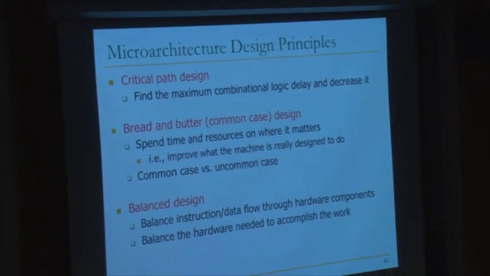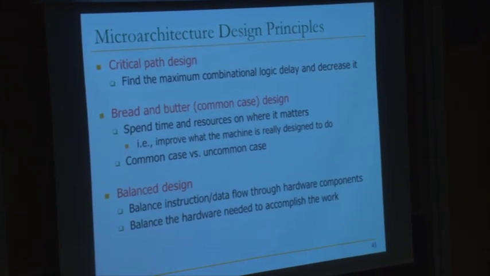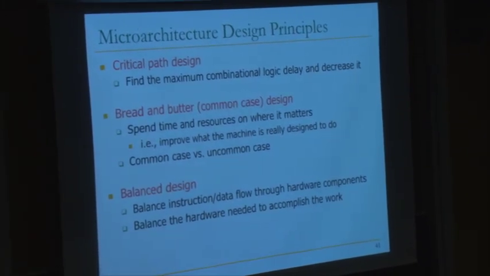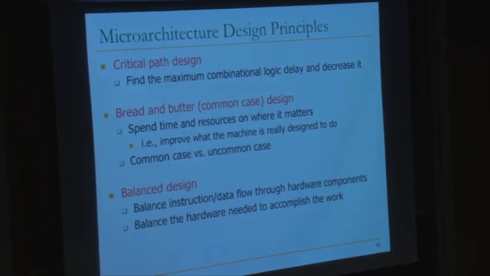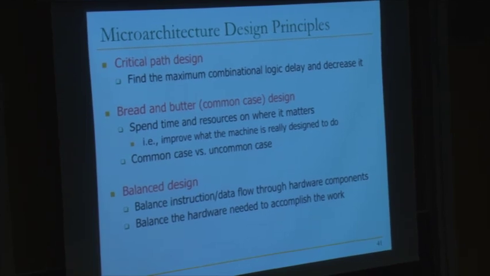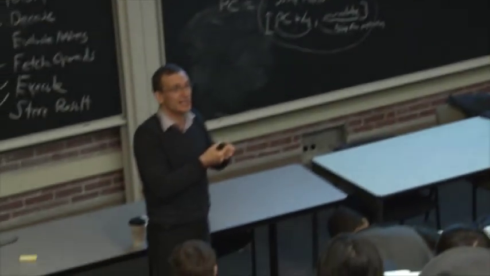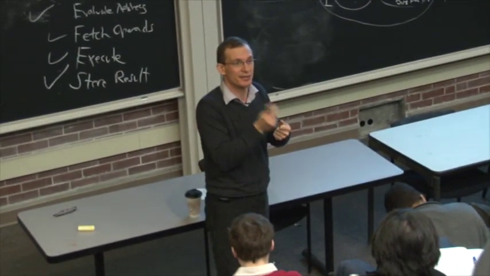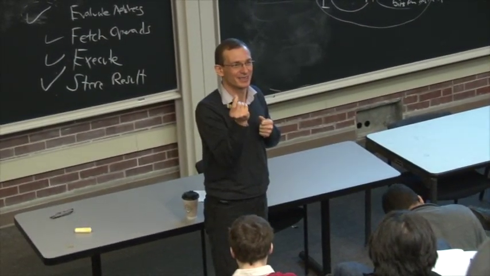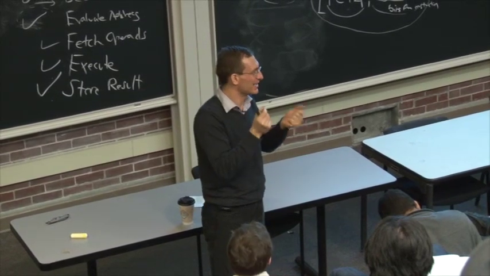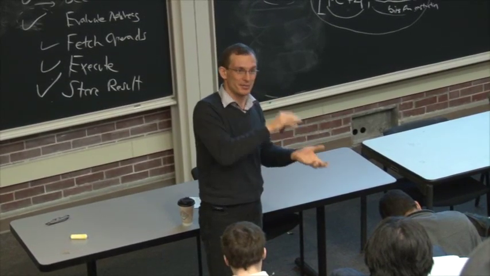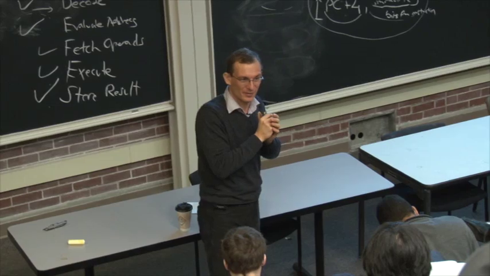You don't want many hardware resources that are just not utilized, right? Or you don't want a single bottleneck in your hardware. For example, if you have the ability to fetch 5 instructions per cycle, don't have just one execution unit, right? That's not a balanced design. Vice versa may not be a balanced design also.